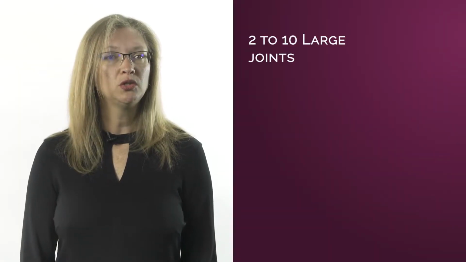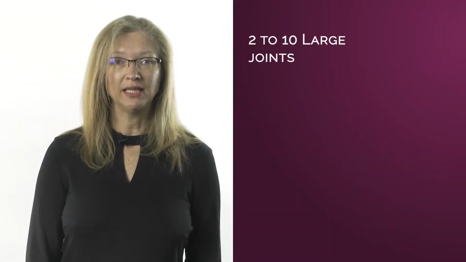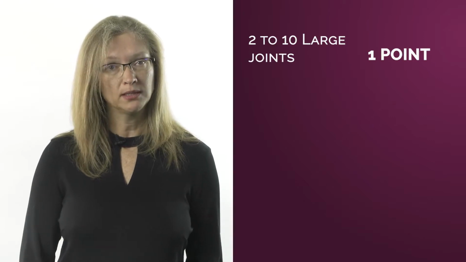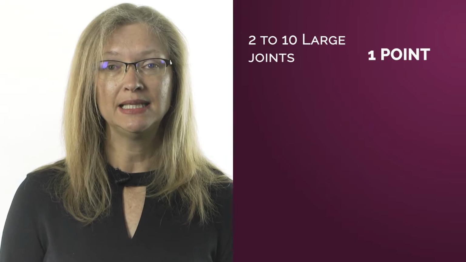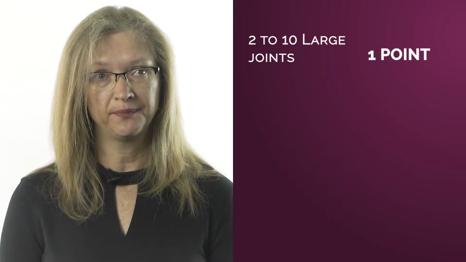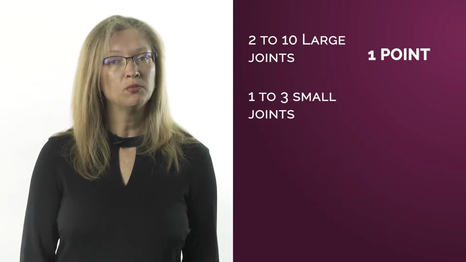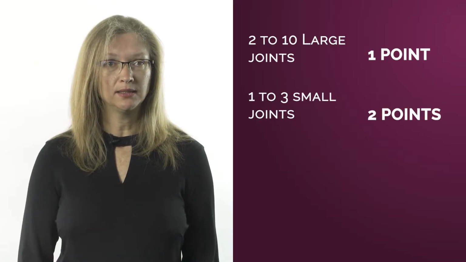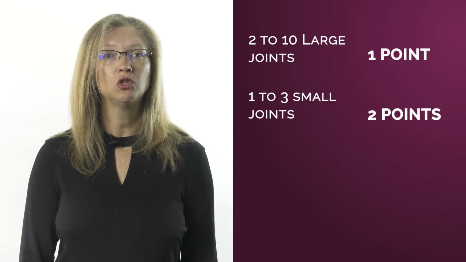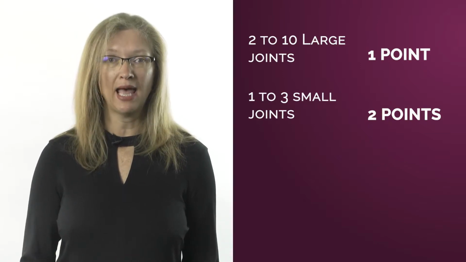So let's first look at the number and site of involved joints. When 2 to 10 large joints are affected, you qualify for 1 point. Large joints include the shoulder, hips, knees, ankles, and elbows. When 1 to 3 small joints are affected, 2 points are allocated. Now, small joints refer to all the individual joints in the hands.